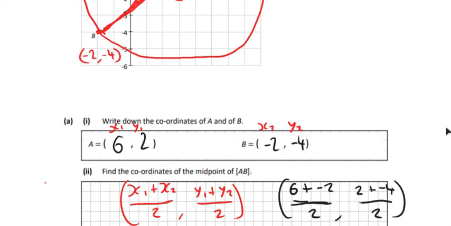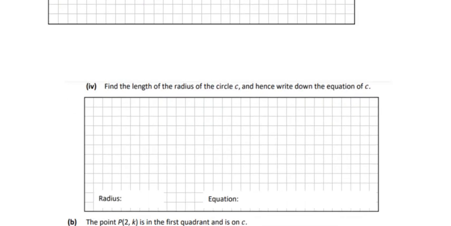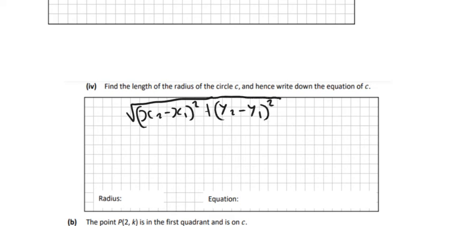So you'll go into your log tables and you'll use the distance formula, or length formula as it's called in that, and that is the square root of x2 minus x1 squared plus y2 minus y1, and you have to square that as well.